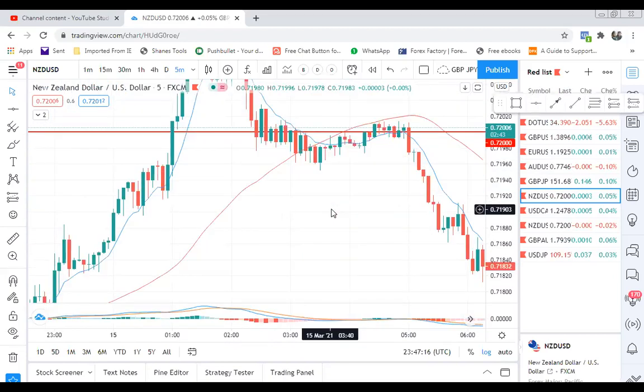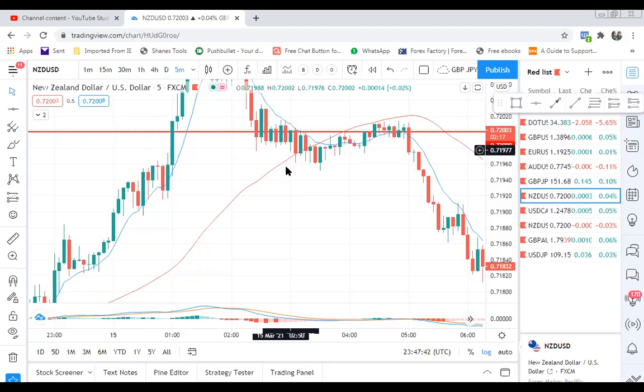It's not wrong to use indicators when analyzing the market, even though you're a price action trader. Now, when it comes to price action, we have the semi-price action traders and the pure price action traders. The pure price action traders don't use any indicator, not even moving averages.